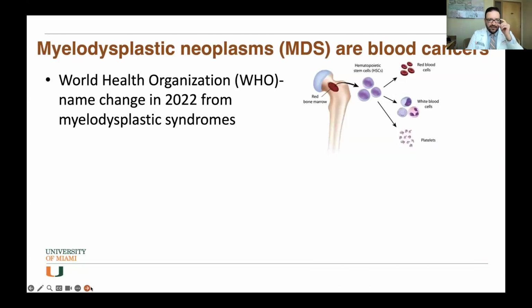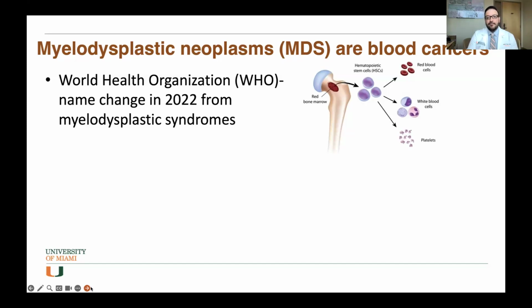So just to make the point that these are blood cancers, that is why the World Health Organization, the WHO, decided to change the name in 2022 from myelodysplastic syndromes, which sounds like it could be a non-cancer form of blood disorder, to myelodysplastic neoplasms. Neoplasm is a word that denotes a cancer. Nothing about the disease changed to give it this new name, but they wanted to recognize that this really is a cancer.